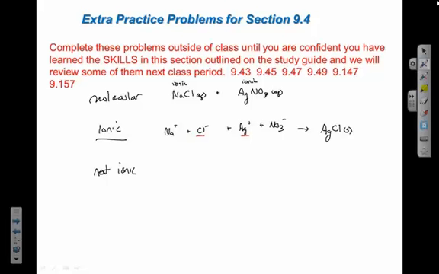The attraction between silver and chloride is pretty strong compared to the NaCl or the AgNO3. I wouldn't expect you to predict that, but if I gave you the full reaction, I'm just showing what the reaction would look like as an ionic reaction versus molecular. And then the other two ions left that don't come together are the Na and the NO3.